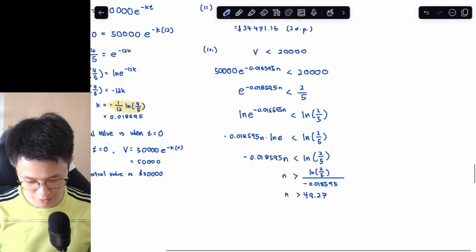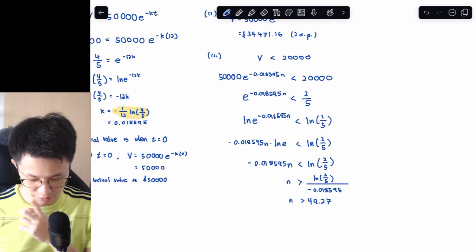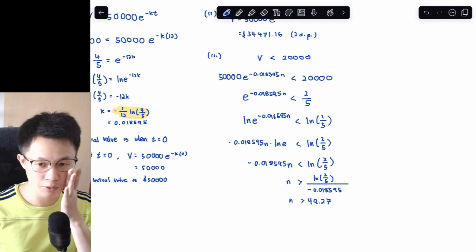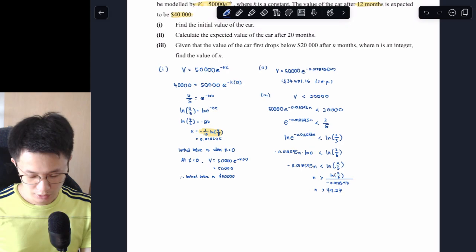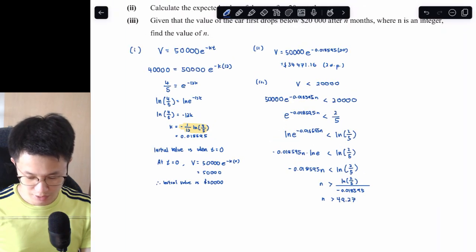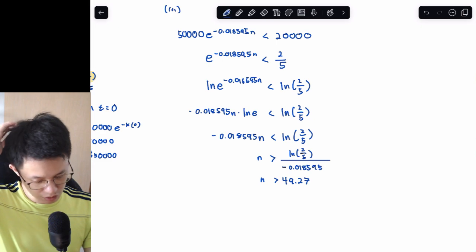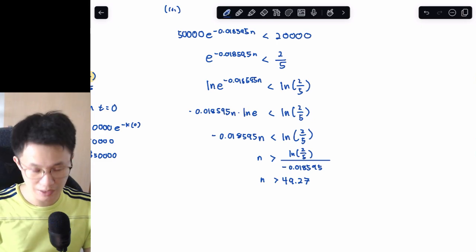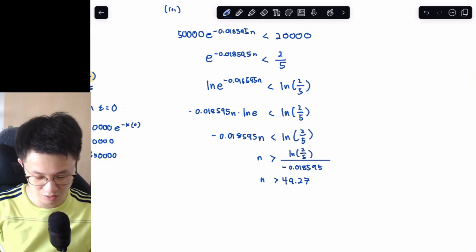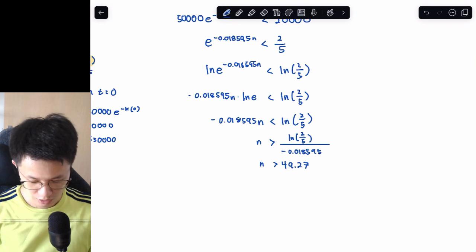So what does this tell us? That means the n value has to be more than 49.27. It shouldn't be 49 months, because after 49 months, the value has not dropped below 20k. So the answer for n should be the next integer value.